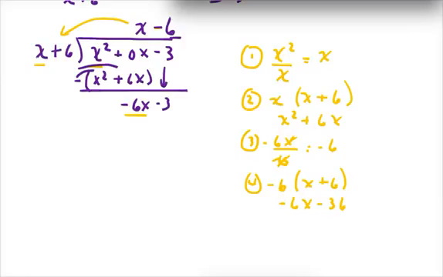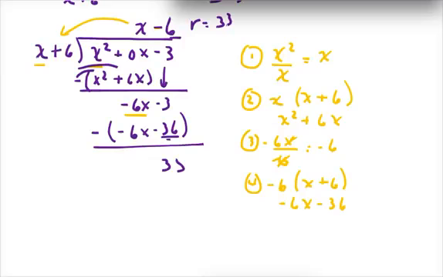Subtract that whole thing: minus negative 6x minus 36. If you keep your sign straight, the 6x's are going to cancel out. This becomes a positive 36, and subtract 3, you're left with 33. So the remainder is equal to 33.